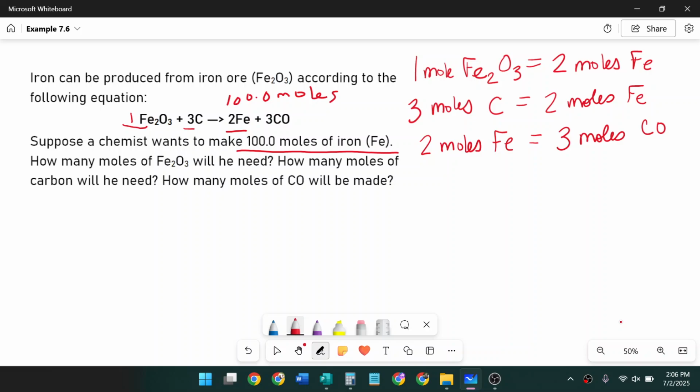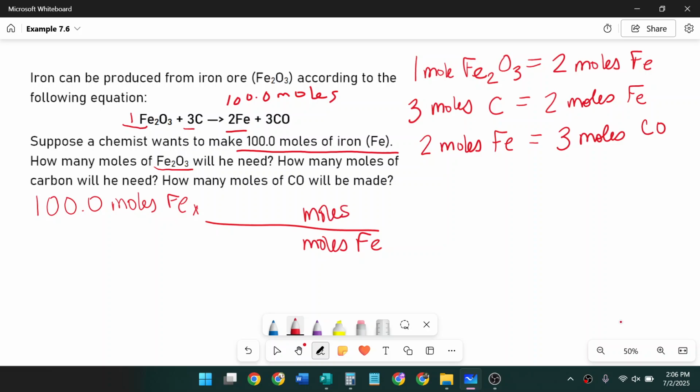So let's do this one first. So we have 100 moles of Fe, and we want to get rid of the Fe, and we want to get Fe2O3.